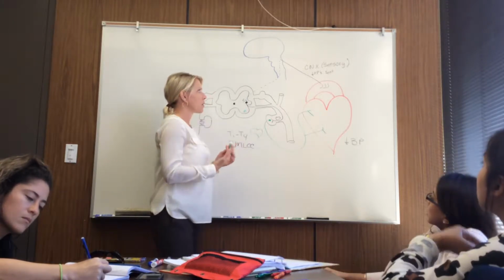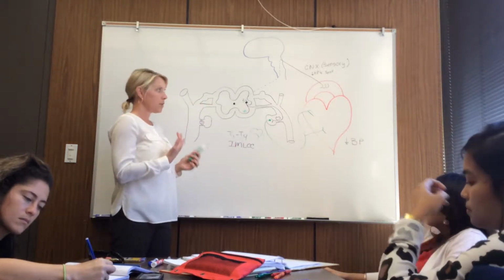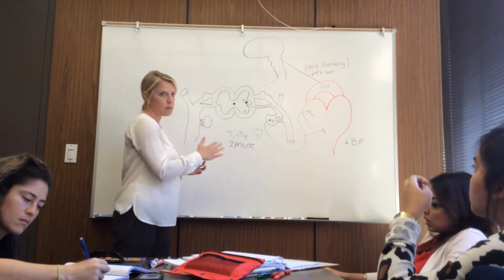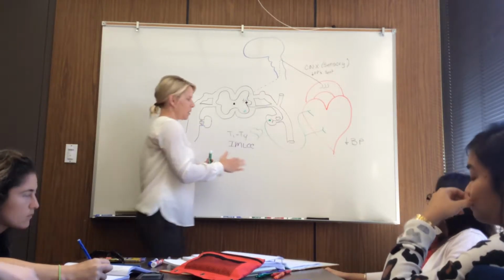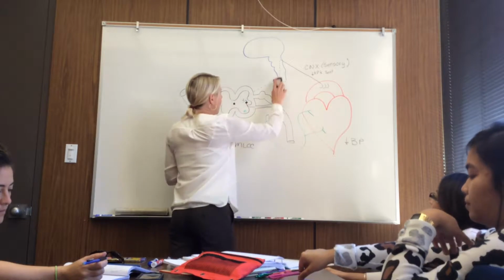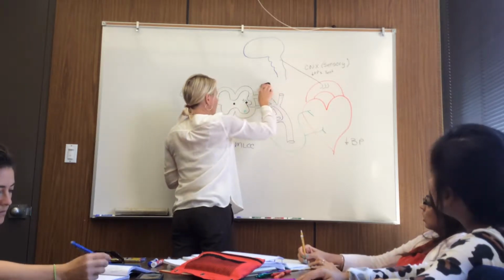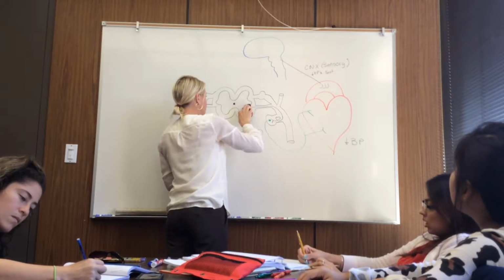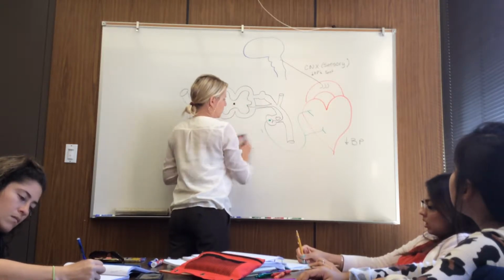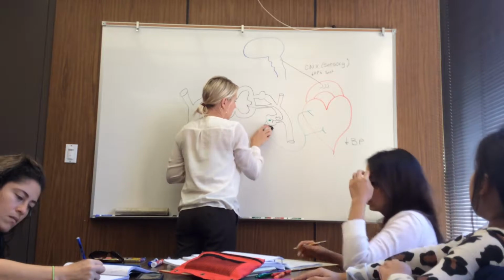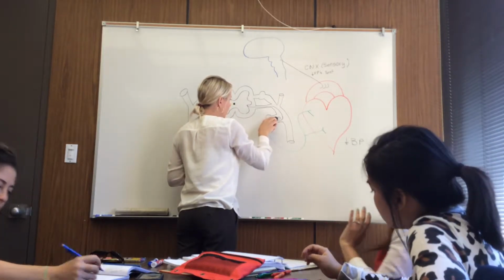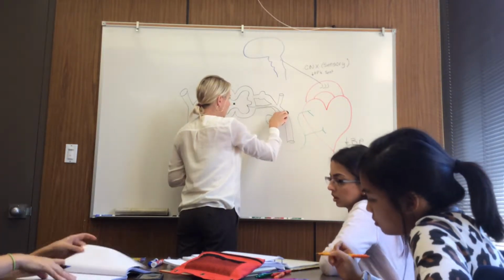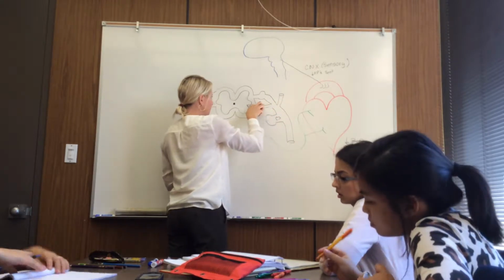Now, how would your picture change if the initial problem, do we all have this? I can erase? Okay. How would this change if our initial problem was an elevated blood pressure? It still is a reflex arc, so always start where the problem is detected.